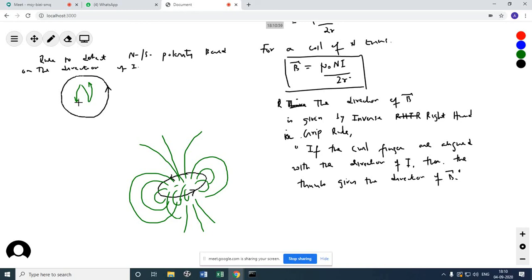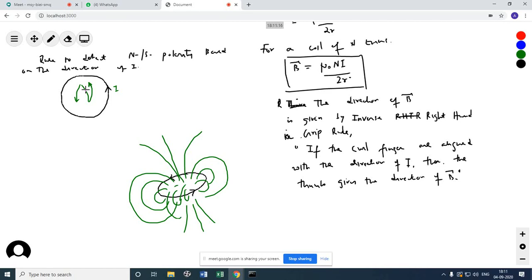Let's say this is the direction of I, because you can see now this is a coil. Try to understand this. If this is any coil, I'm writing it here. The magnetic field lines of a coil will be how? This is from class 10 level, so I am just revising with you.